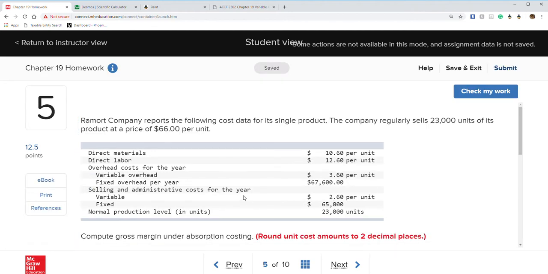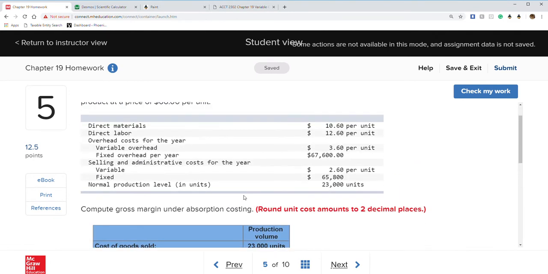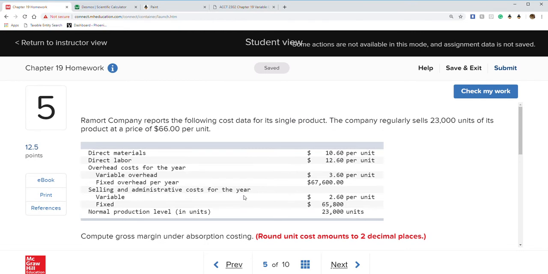Question number 5. So question number 5, again, it's going to bring us the absorption. So we know we're going to deal with fixed overhead, but how we deal with it is the question. So we're a company, and they regularly sell 23,000 units. Basically the same amount that they produce, so nothing big there.